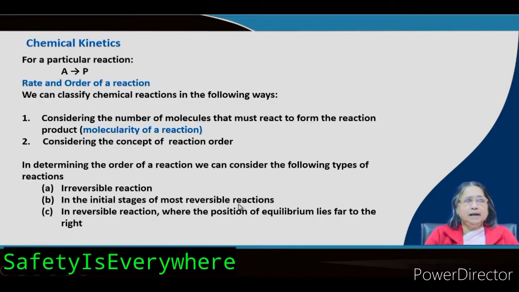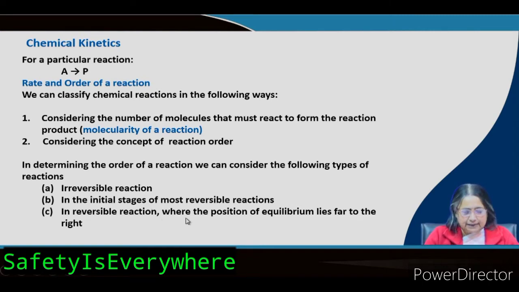Actually all reactions are reversible, but those reactions which go far to the right we can call irreversible. Many reactions are reversible, and for those we can determine the order in the initial phase, the beginning of the reaction.